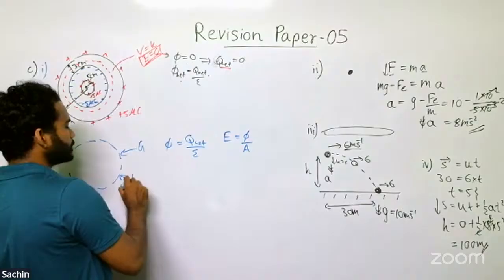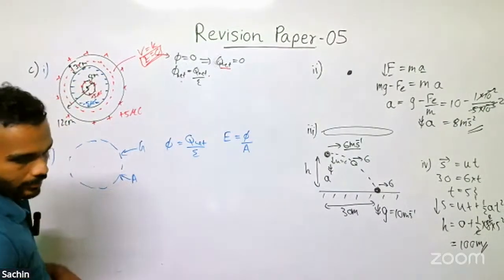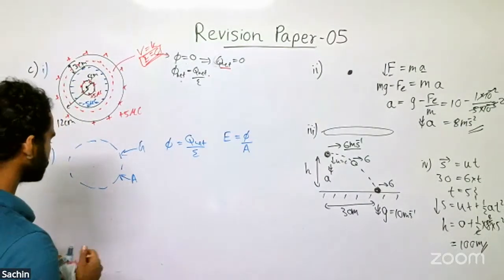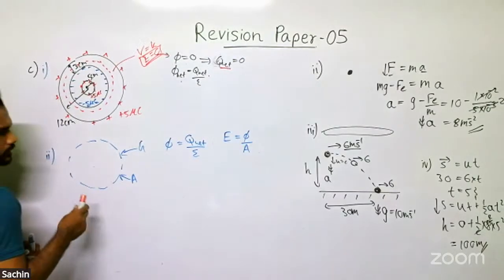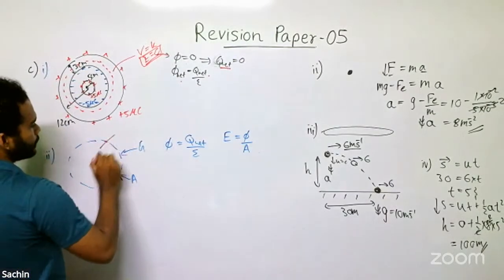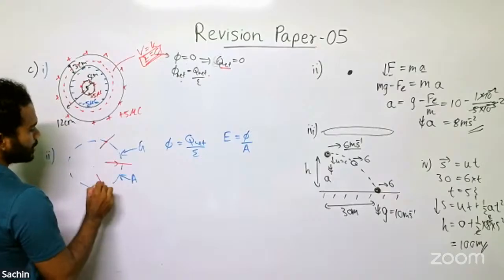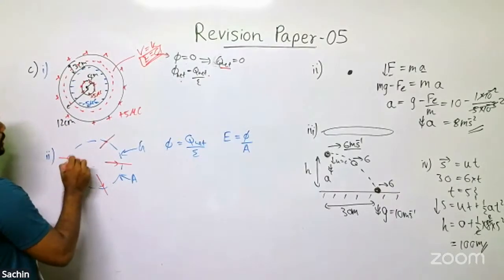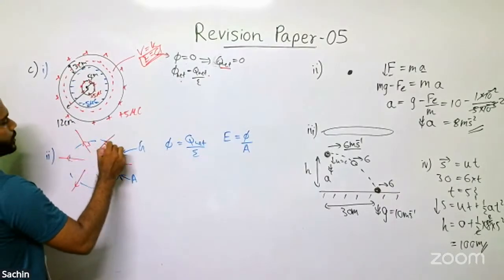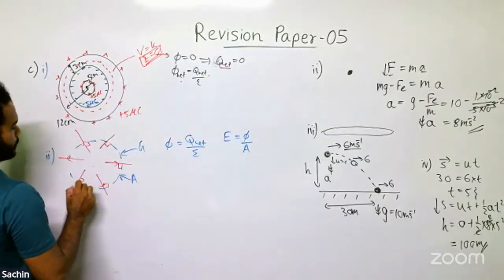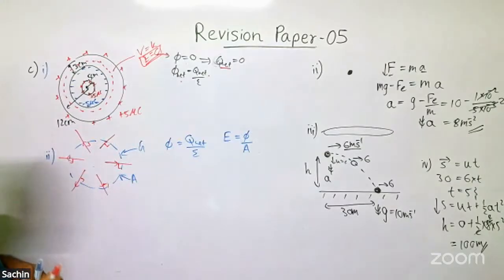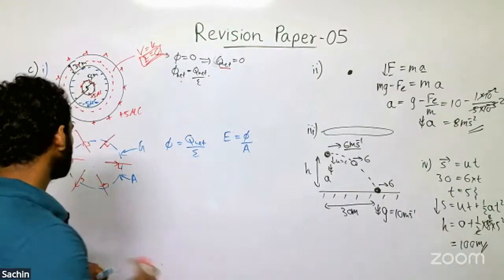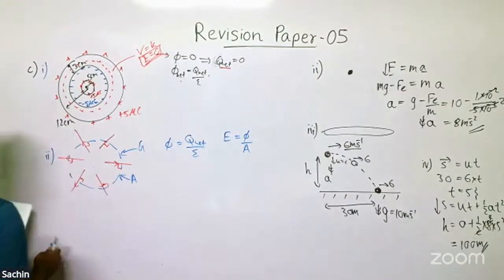Area means the area of this Gaussian surface. When you are choosing a Gaussian surface to calculate the electric field, you should ensure that all these flux lines are perpendicular to the surface. Okay, so think with that.